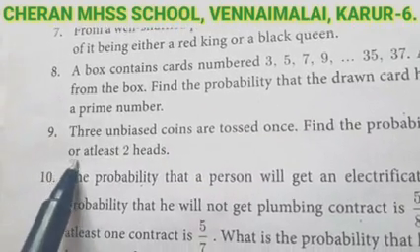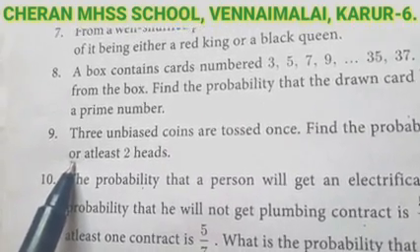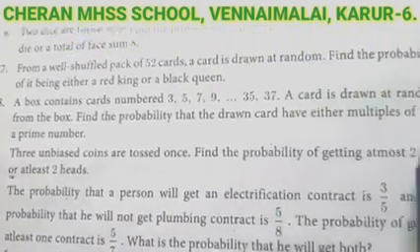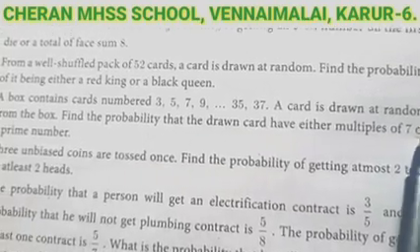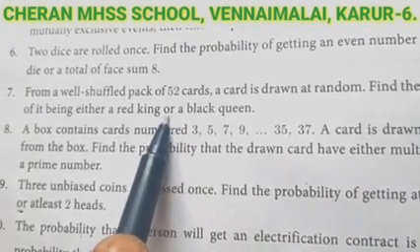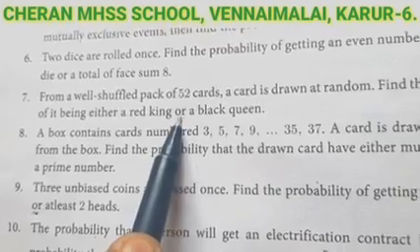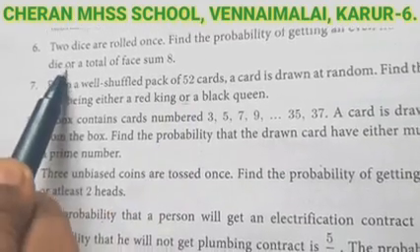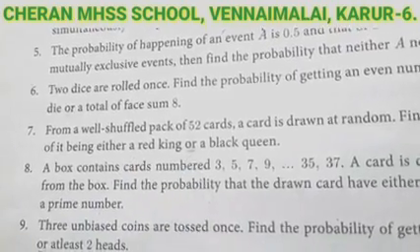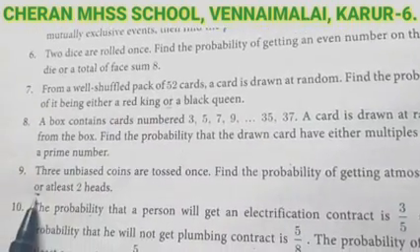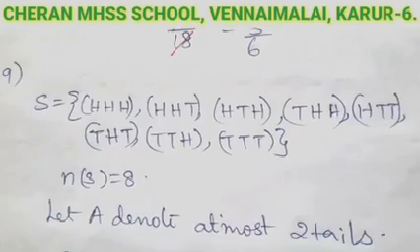This means we have to find A union B. In the previous sum also there is or, so we have to find A union B. In each and every sum, whenever or comes, that shows that we have to find A union B.